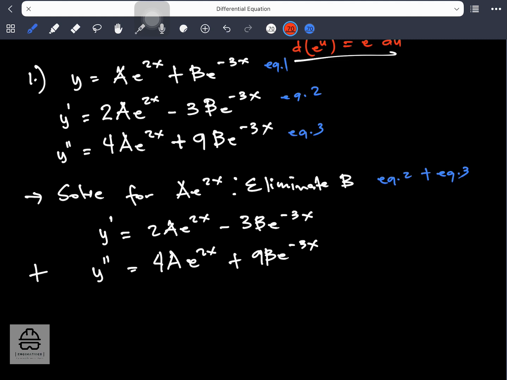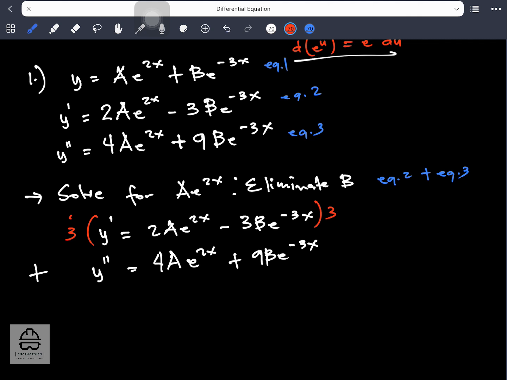Okay? But how to eliminate the b? So, to eliminate the b, we will have to multiply a value to the b term to equal the value that we have in our equation 3. Okay? So, that would be positive 3. So, we will multiply positive 3 on both sides. That would be positive 3 times y prime.